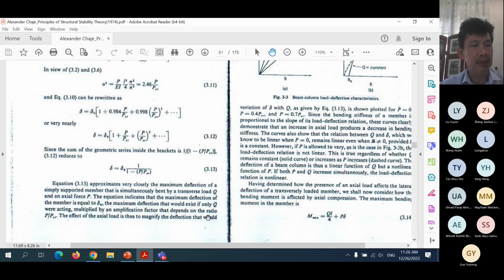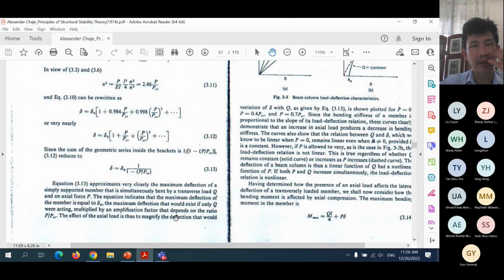So the important thing affecting the behavior of the beam column when there is axial load P is how large is the ratio. Later, we will see if the ratio is smaller than a certain value, then the effect is not that significant. So it is important to look at the ratio of P over P critical.